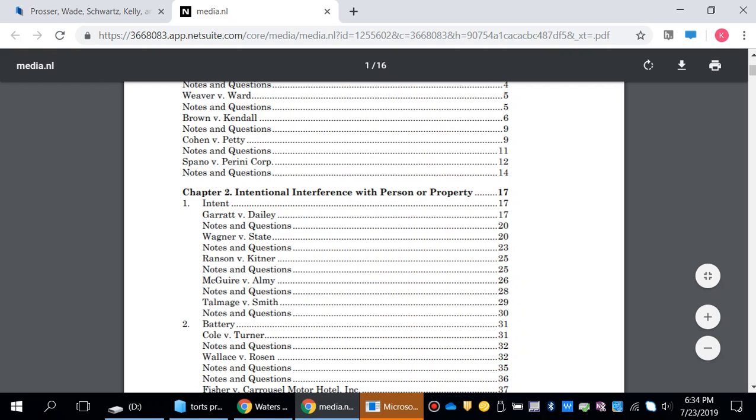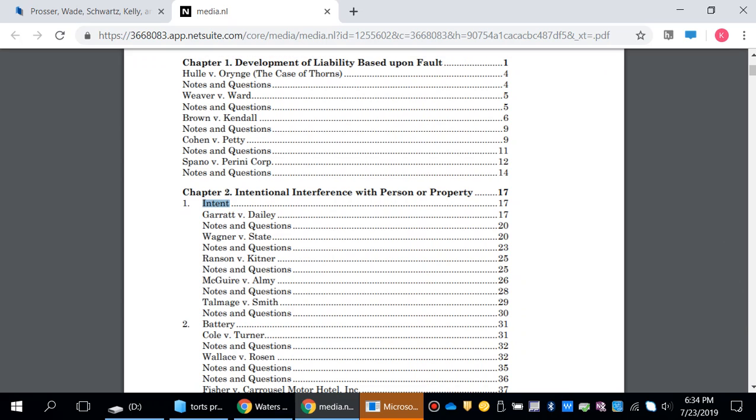Many law students their first semester focus here, and they get lost in the weeds, and they forget that what all of these cases have in common is that they're just here as tools to teach you this idea of intent, the definition of intent, what it means, what it isn't, what it is, what it isn't.